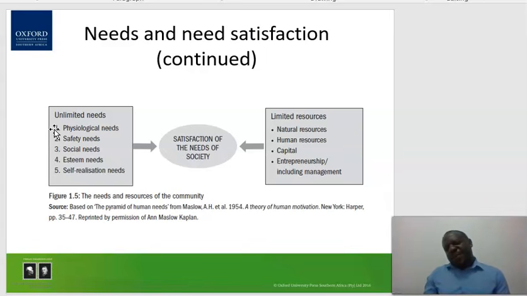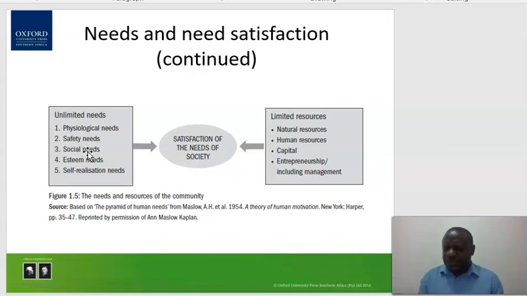But according to Abraham Maslow, once social needs are satisfied, esteem needs will emerge. They will also develop the need to be seen as better than others, the need to be recognized, for people to see you as important.